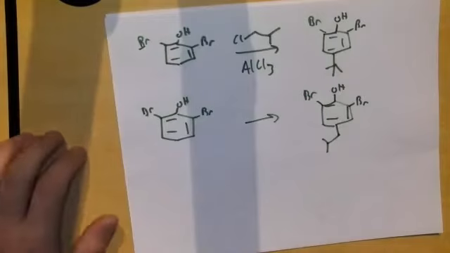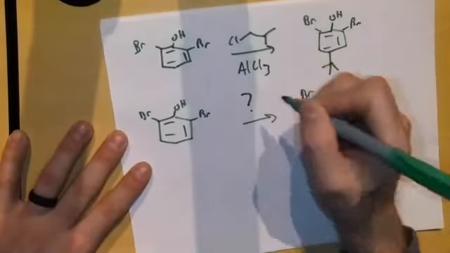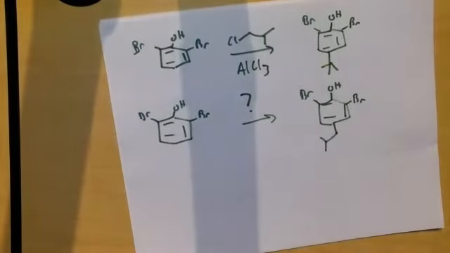To that non-rearranged product. The way we're going to do this is going to be through two different reactions. To avoid the rearrangement, we're going to do what's called an acylation.